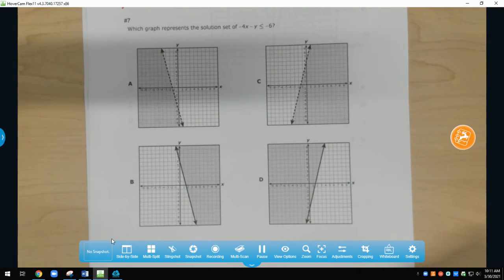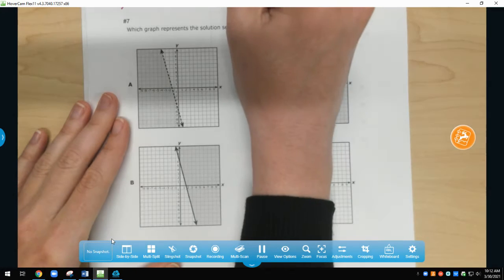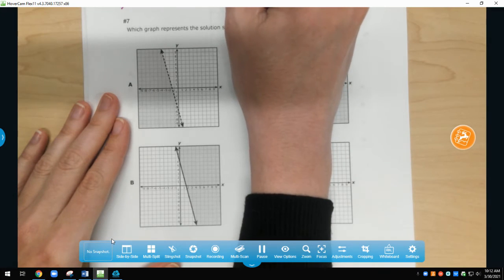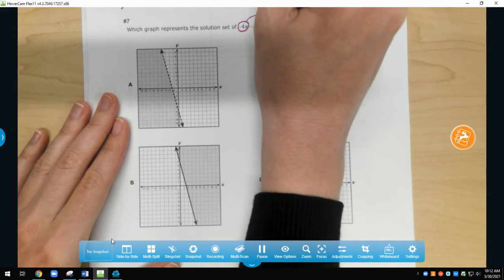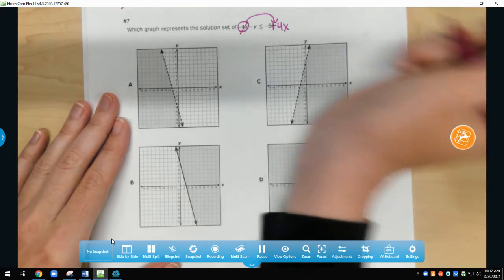Okay, which graph represents the solution set? Before I can do anything with this, I need to go ahead and solve for y. So we're going to move the x, change the sign. So instead of a negative, it's going to be a positive 4x.